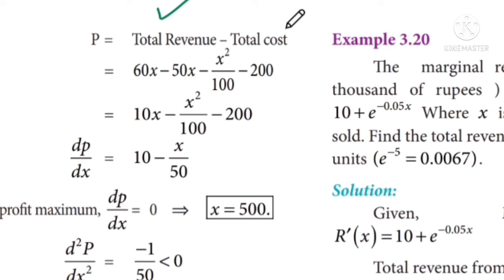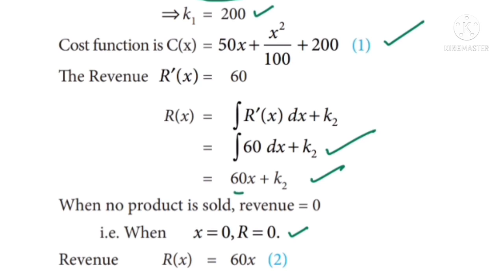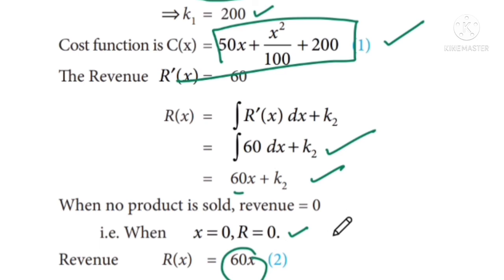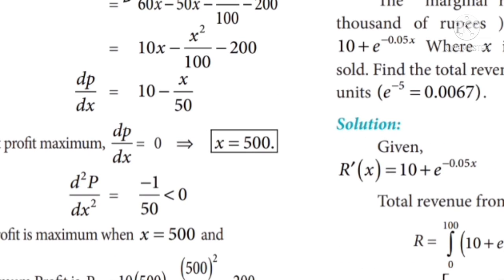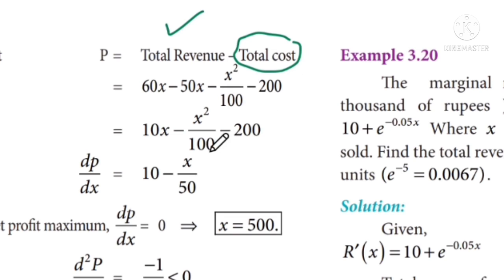The total cost is 50x plus x square by 100 plus 200. See, cost is this and revenue is this. So subtract these two, equation 2 minus 1, revenue function minus cost function, gives the profit function. So the profit is total revenue minus total cost. So you get 10x minus x square by 100 minus 200.